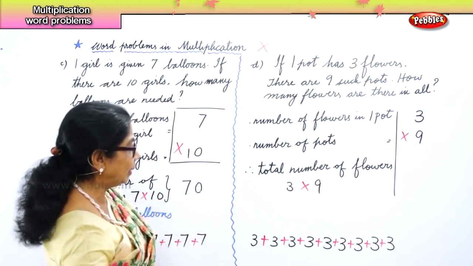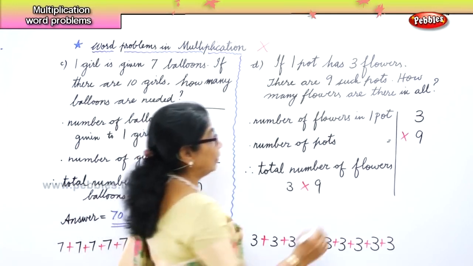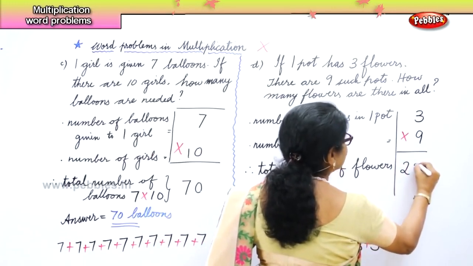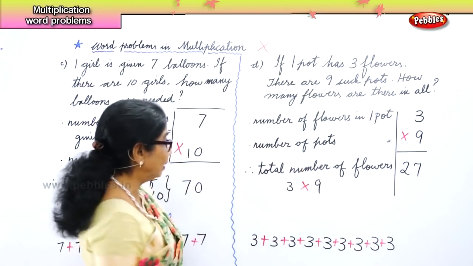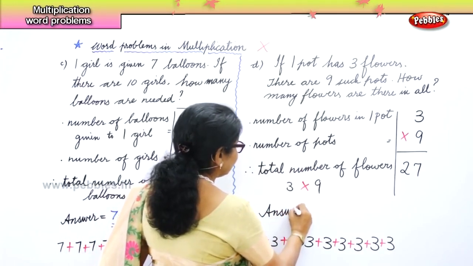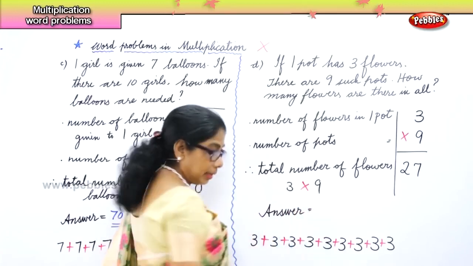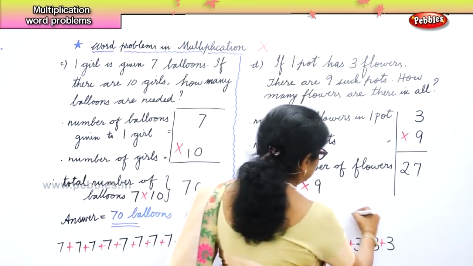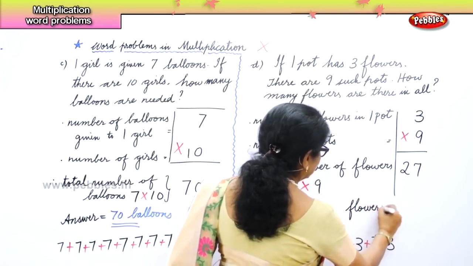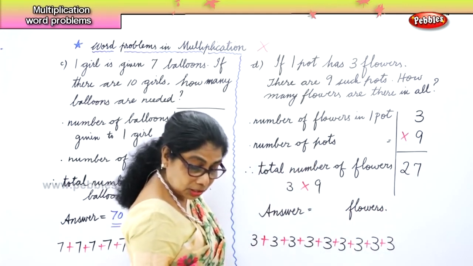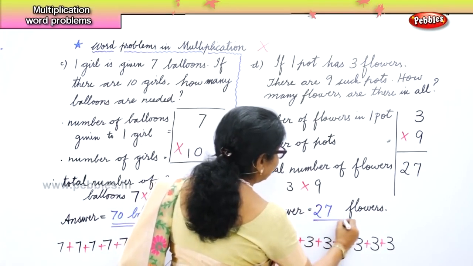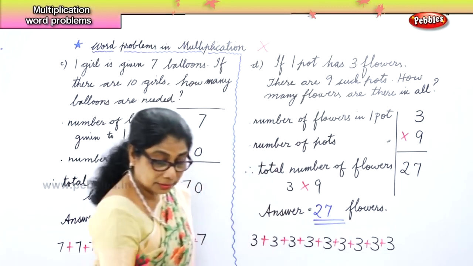So 9 threes are 27. You have 27 flowers. So your answer is 27 flowers. That's your answer.